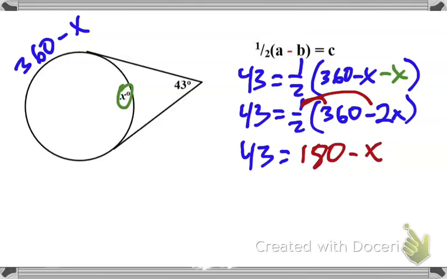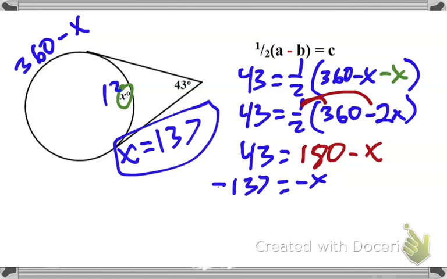All right, so now that is a lot easier to solve. So all I have to do is subtract 180 from both sides. That gives me negative 137 equals negative x. We don't want negative x, we want positive x. So we multiply both sides by -1, and we end up with x equals positive 137.